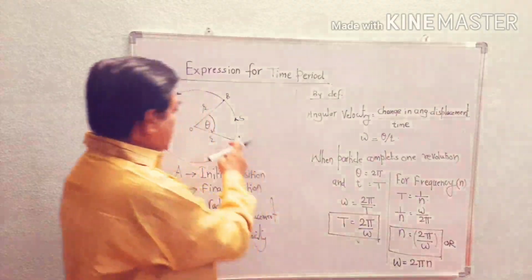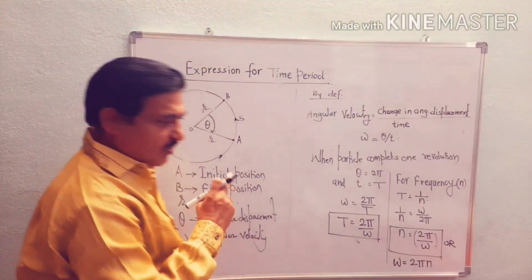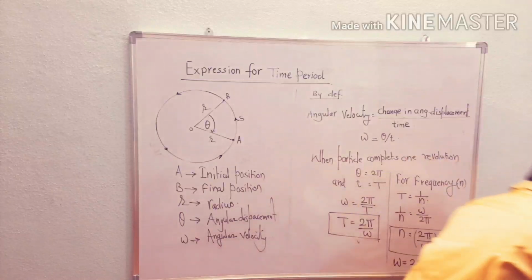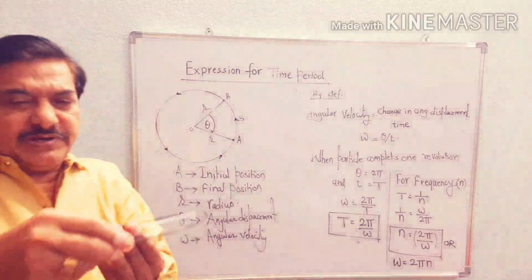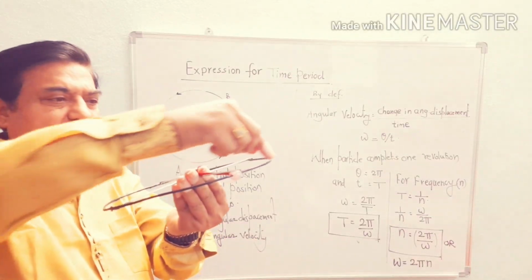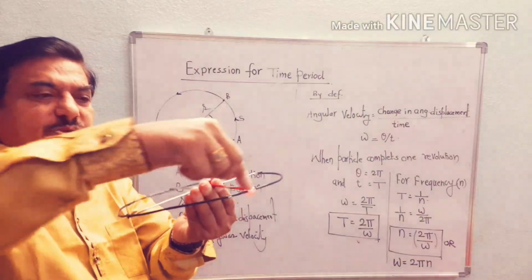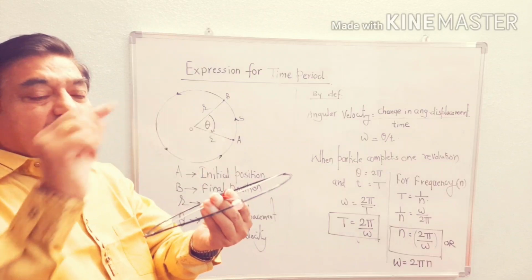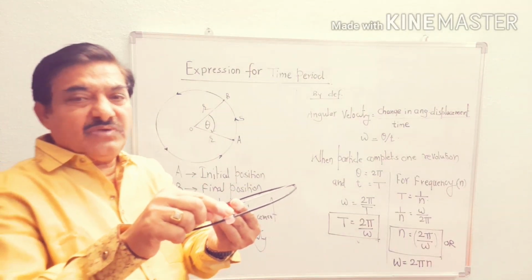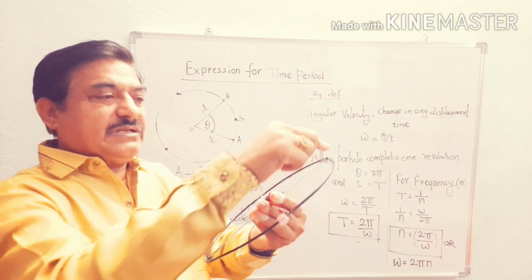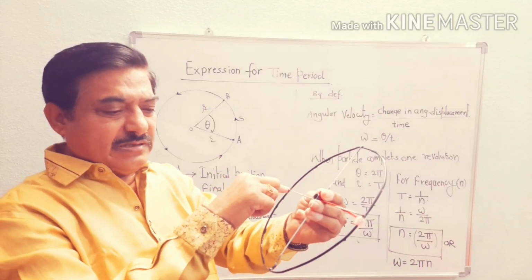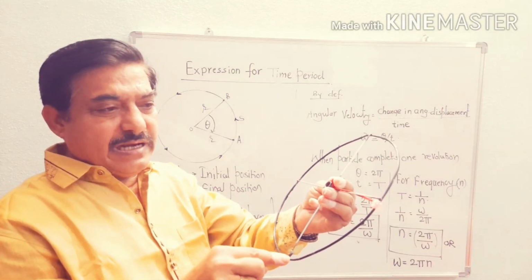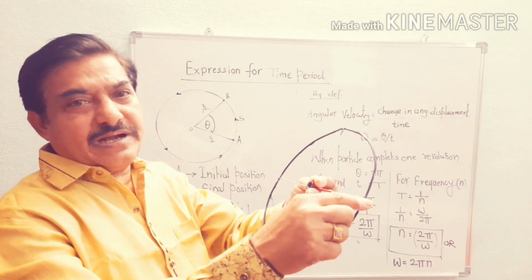When this particle completes one revolution, suppose this particle completes one revolution, the angular displacement of the particle will be this 90 degree, this 90 degree, second quadrant, third quadrant 90 degree, and fourth quadrant 90 degree.